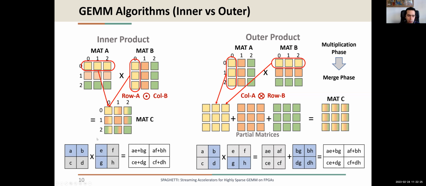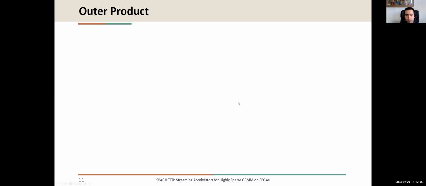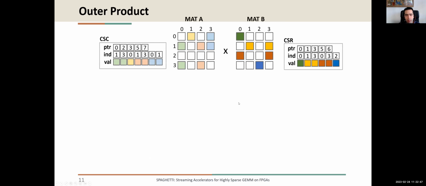Here I'm showing a 2x2 example just to show you that the result would be completely the same, and we have the same number of multiplications and additions. So there's no difference in terms of the number of operations that we're doing. But the benefit of the outer product is the index matching.